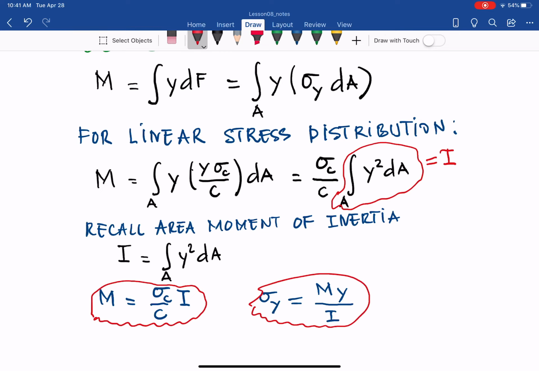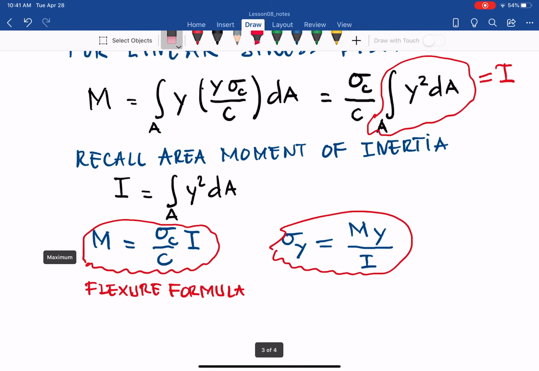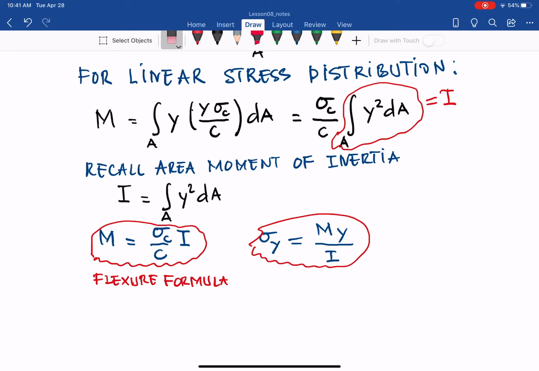So the first equation, we call that the flexure formula, because it's called flexion, right? It gives the relationship between the moment and the normal stress. So with the normal stress, I can find the associated moment.